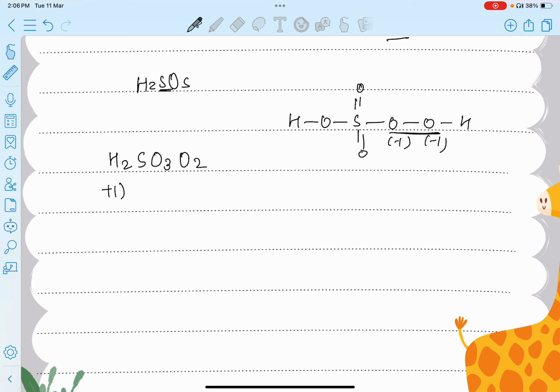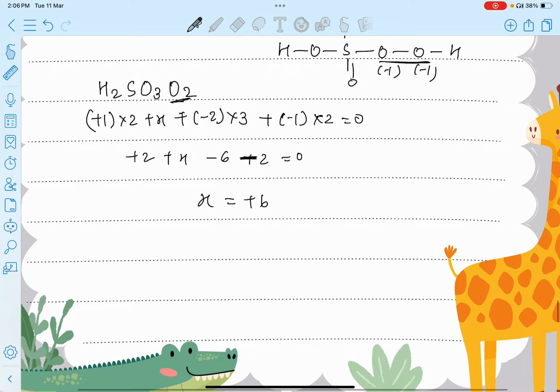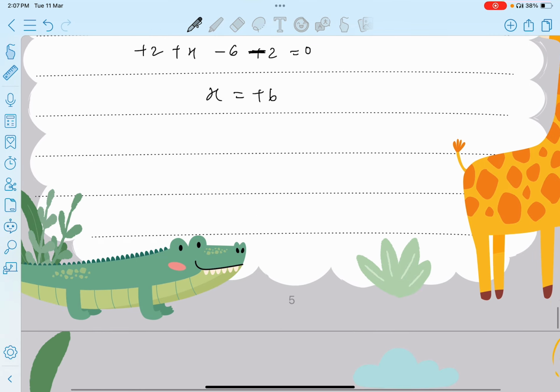So plus 1 multiplied by 2 plus x plus minus 2 multiplied by 3 plus minus 1 multiplied by 2 is equal to 0. Plus 2 plus x minus 6 minus 2 equals 0, so x is equal to plus 6. These two oxygen have minus 1 oxidation state because they have peroxide linkage. Clear? I hope you got the concept.